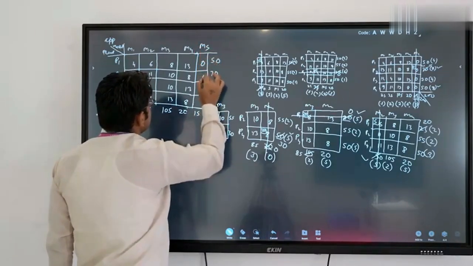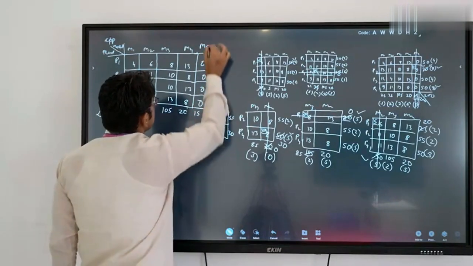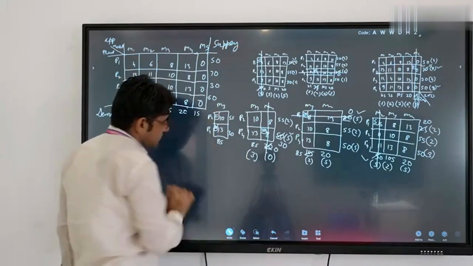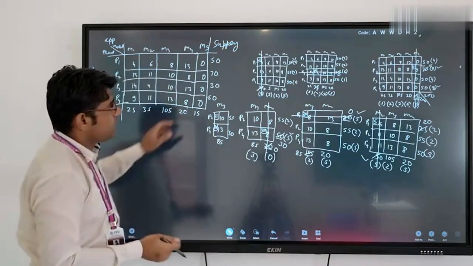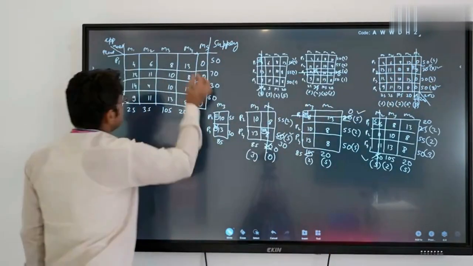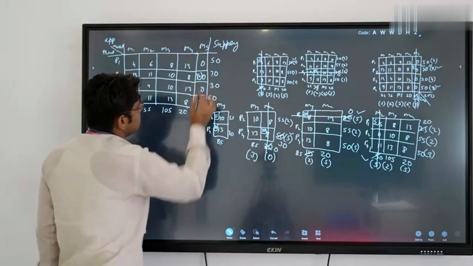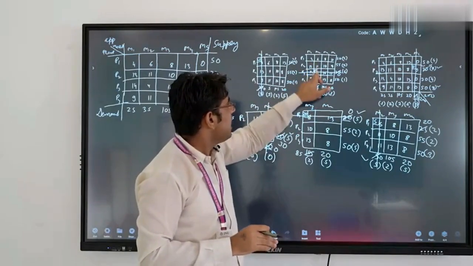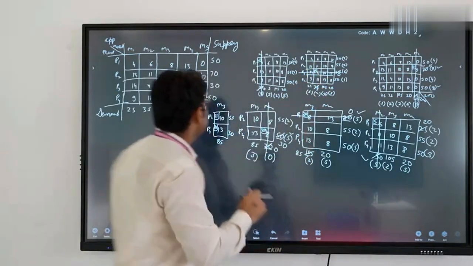This is the supply. So first we allocate P2 M5 is 15, and second is P3 M2, 30.